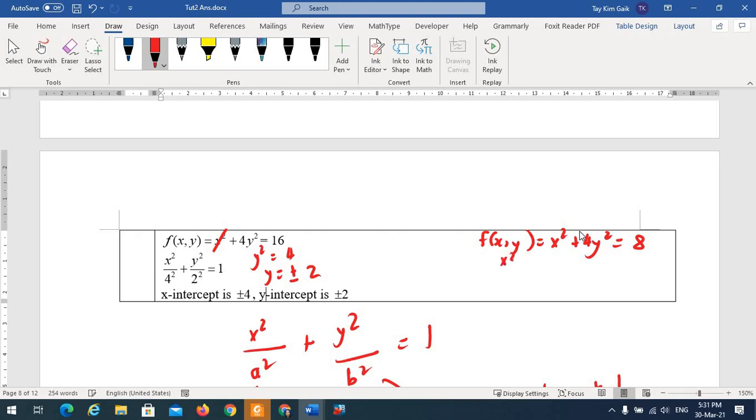It will become x squared over 8 plus 4y squared over 8 equals 1.